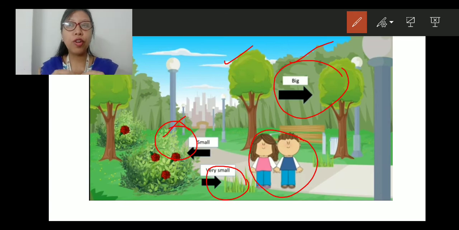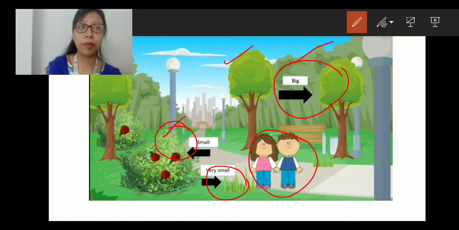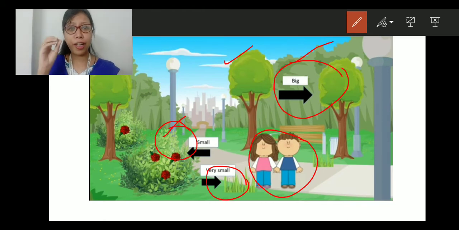If you go outside of the house and look around you, you can see lots and lots of plants. But do they look similar? No. Go outside and find out how many plants there are, what the kinds of plants are, big and small and very small.